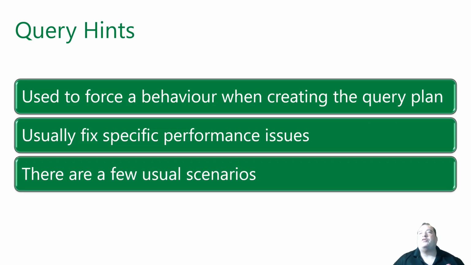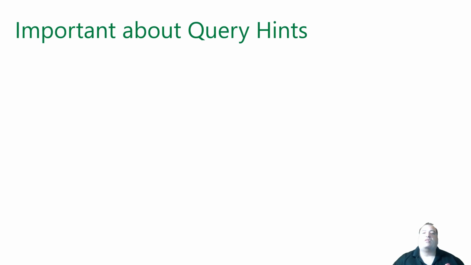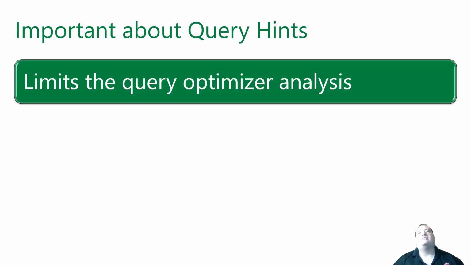There are a few usual scenarios for query hints, and there are some notes against their use. Important about query hints and the notes against their use: they limit the query optimizer analysis, so that the query will always arrive to the server with a hint in it. So it limits the optimizer.